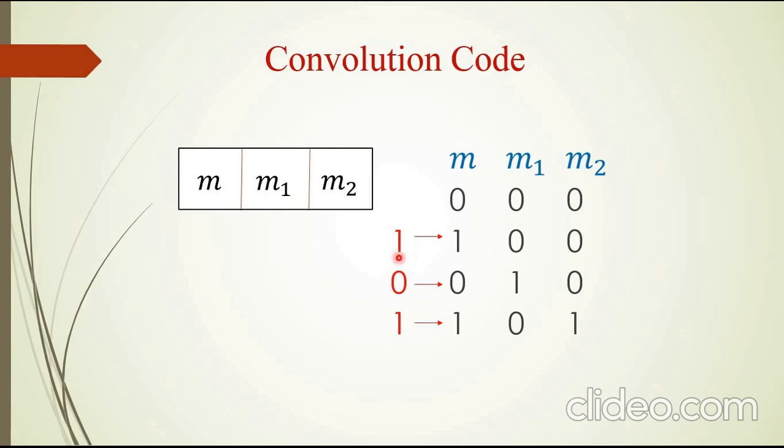Now I give a 1 bit message, with 1 over here. So the message bit 1 will come here, and the other two will be 0, 0.